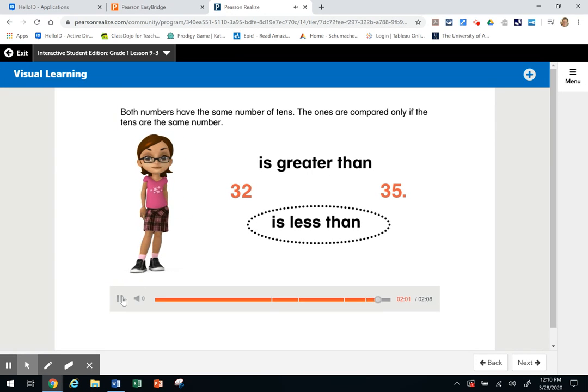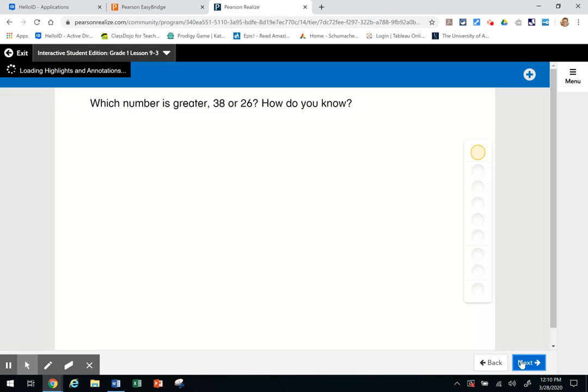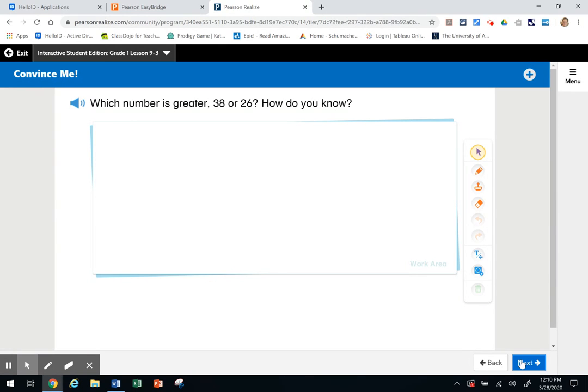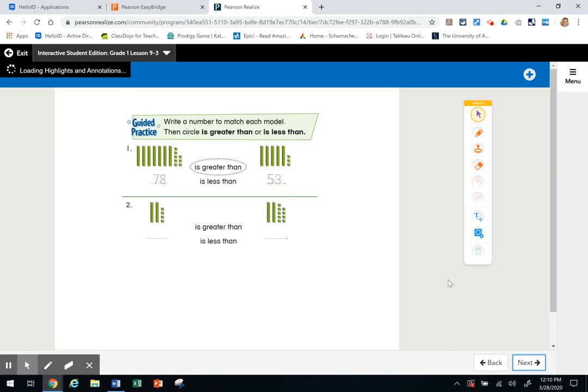The ones are compared only if the tens are the same number. Comparing numbers is a blast. All right, let's go ahead and look at the guided practice. You can practice the convince me if you think you need extra help, but let's go ahead and move on to the guided practice.